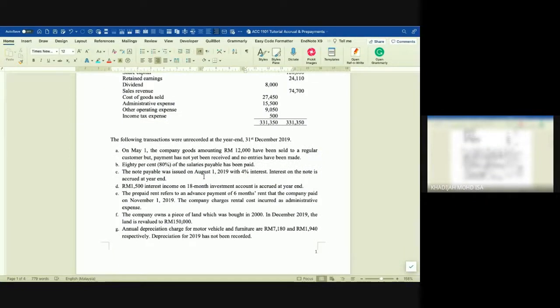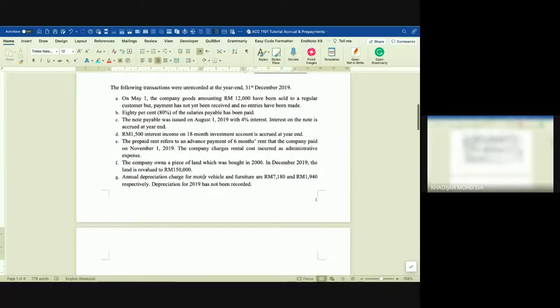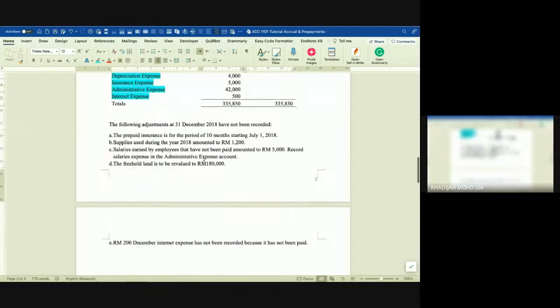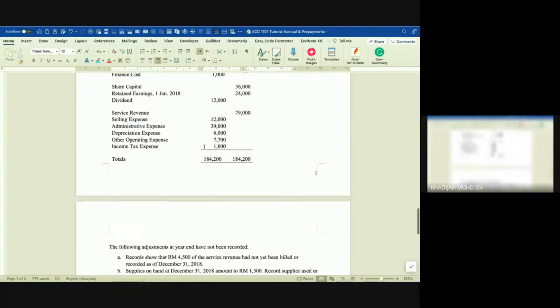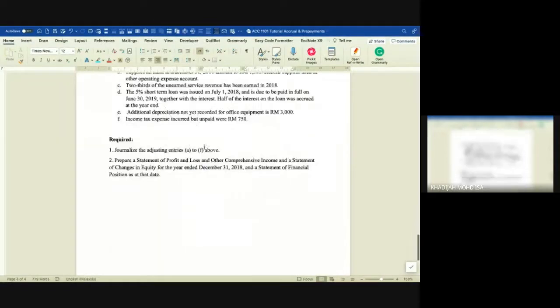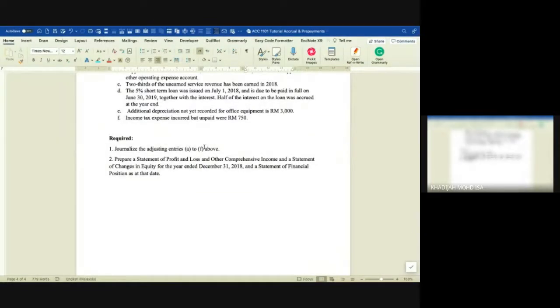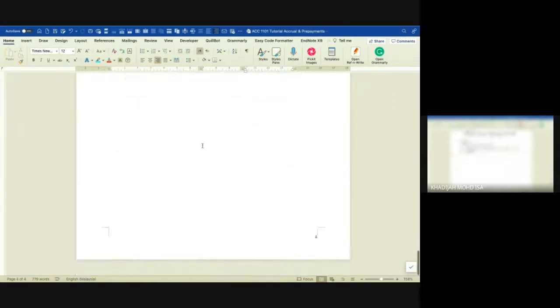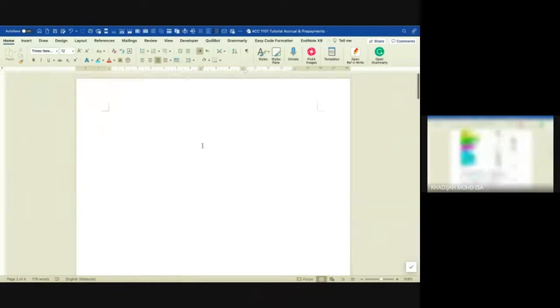So you won't fail if you don't do the adjustment, trust me. Question number 2, same. Question number 3, they give you the titles of the accounts, same adjustment. They always generalize the entries and prepare the statement of profit and loss and all the 3 statements. So what more do you want? It's already there.